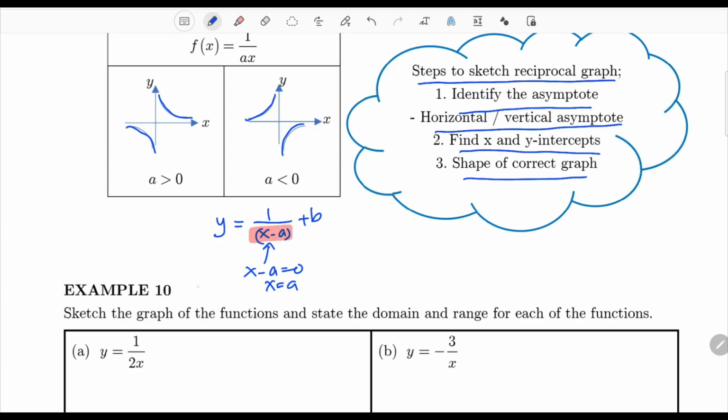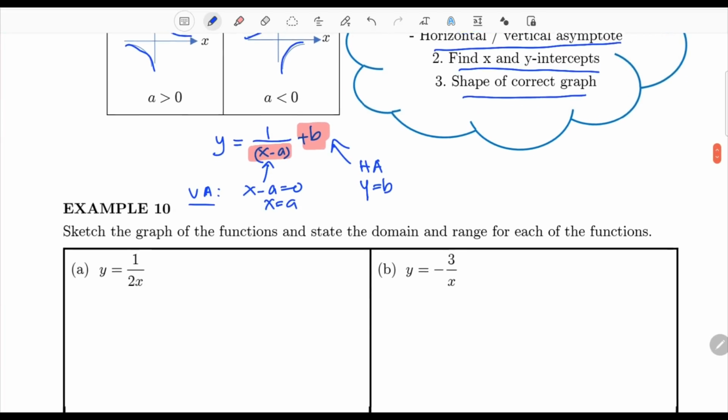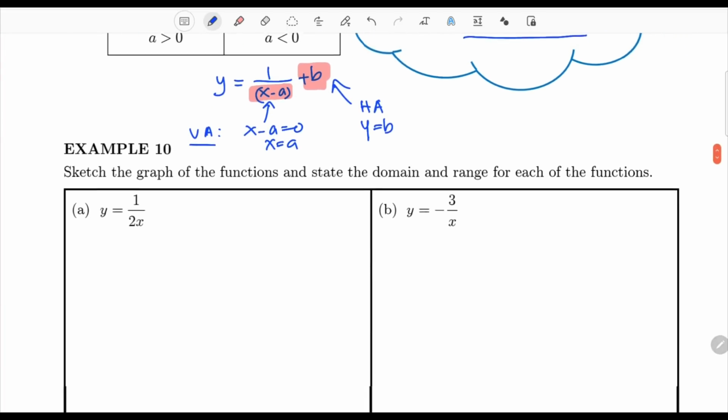So this will be your vertical asymptote. So this is how you get it. And here, this part b, this is where you will get your horizontal asymptote. So for this case, y equal to b. So we're going to apply that. So let's look at example 10.